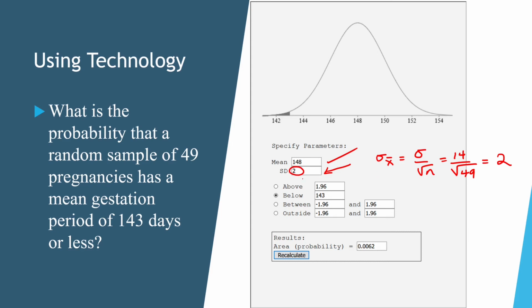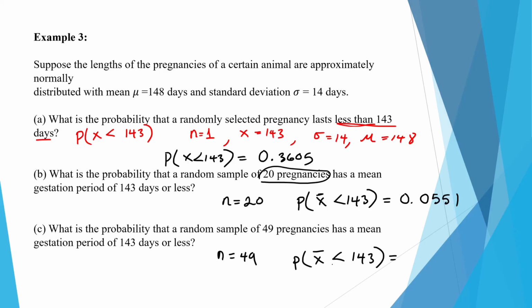That's the most difficult part, is to calculate the standard deviation for the central limit theorem. Once you put that in, everything else is the same. Click below and enter 143, and here's our probability, 0.0062. The probability that the sample mean will be less than 143 is equivalent to 0.0062.